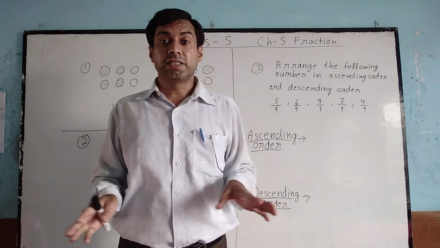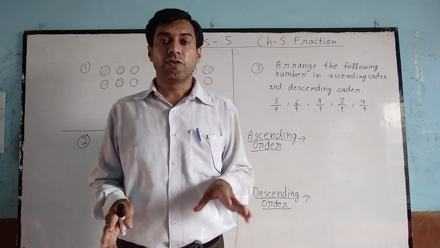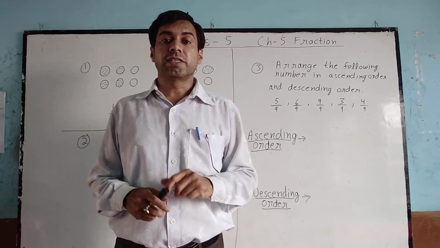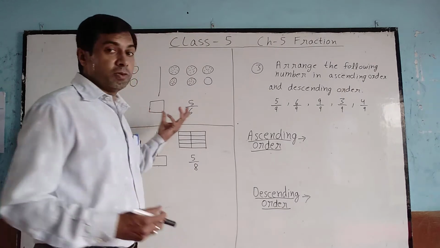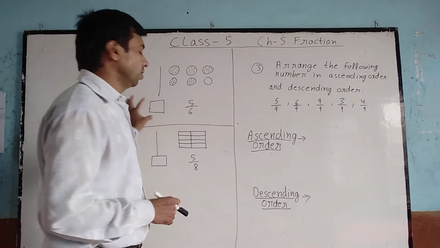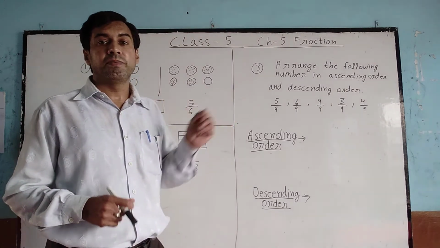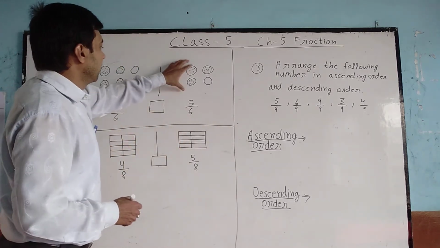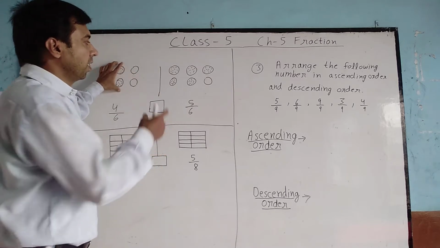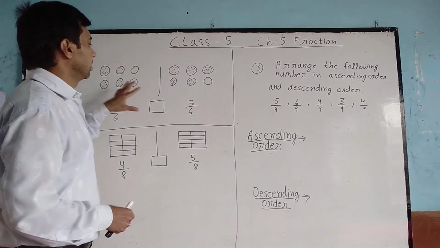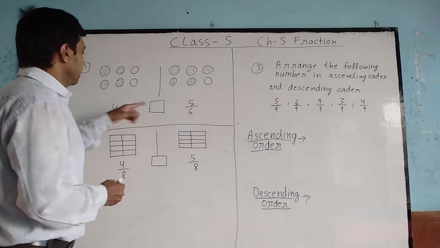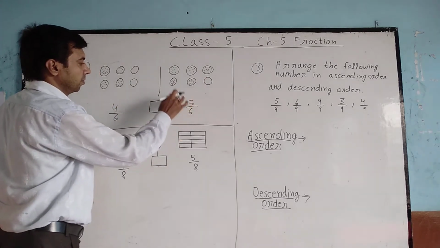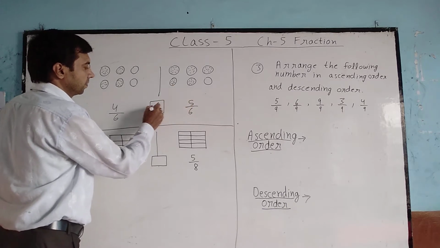When the denominator is same, that fraction is called like fraction. Here 4 are selected, here 5 are selected. So the selected part is different but the total part is equal. So 4 by 6, 5 by 6: bigger numerator, bigger fraction. Very simple.